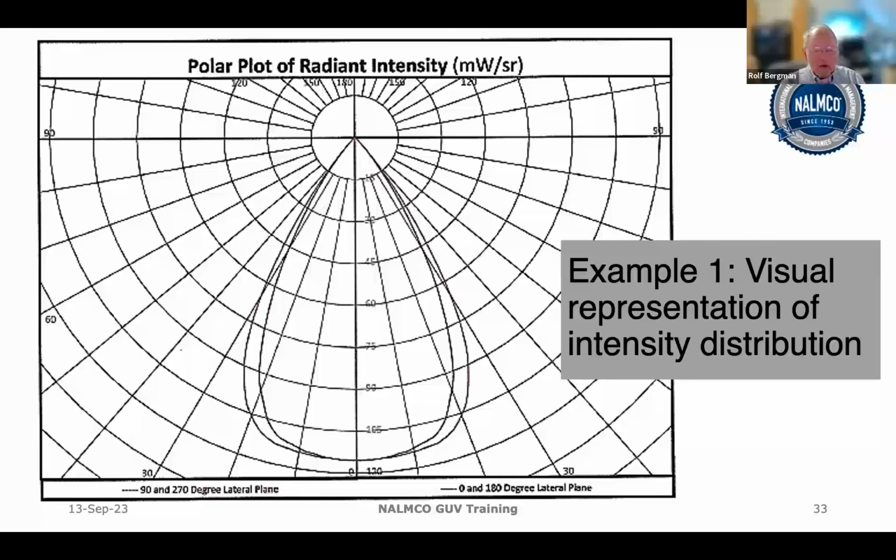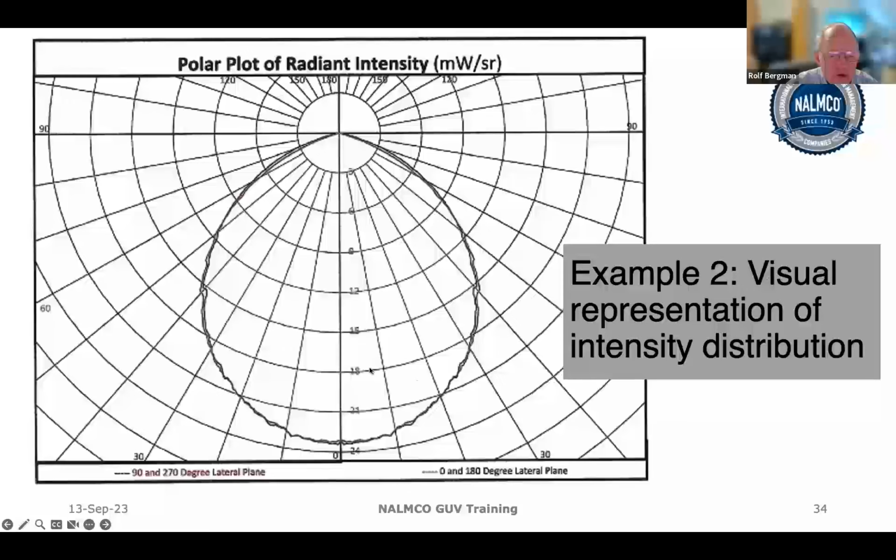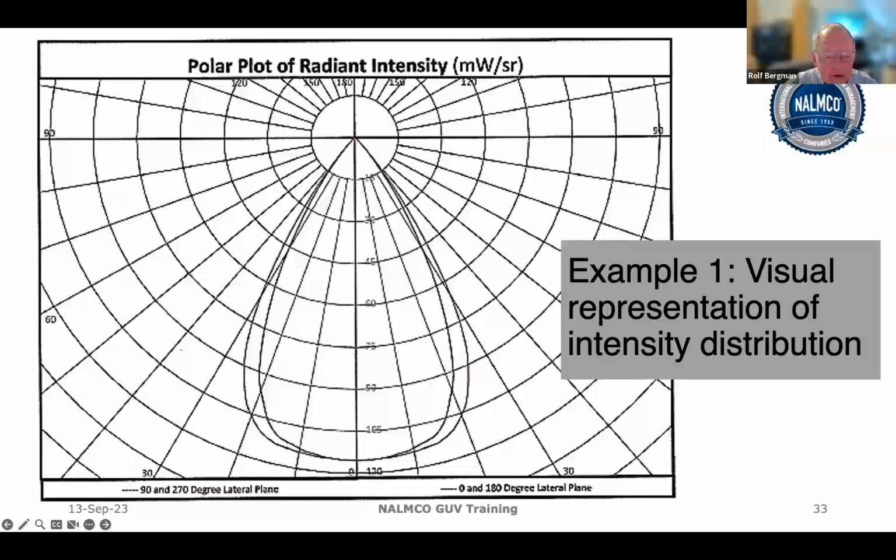So we notice that at the center at 0 degrees, this is on the mirror angle, we have the maximum value, and you see here every 45, 60, 75. These are the intensity values.